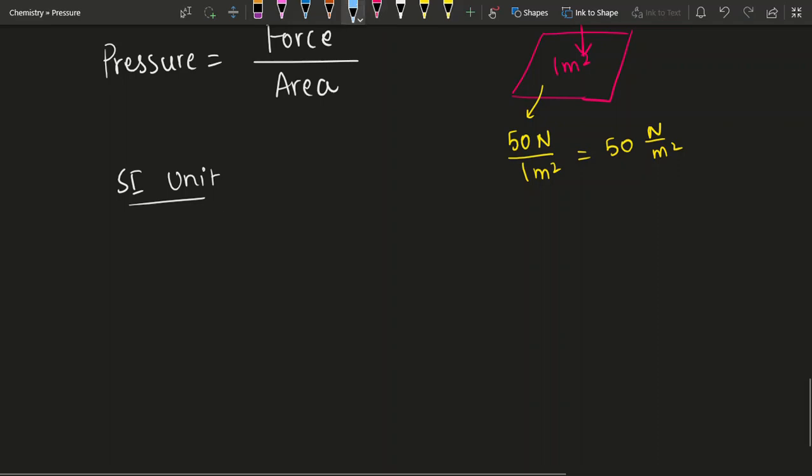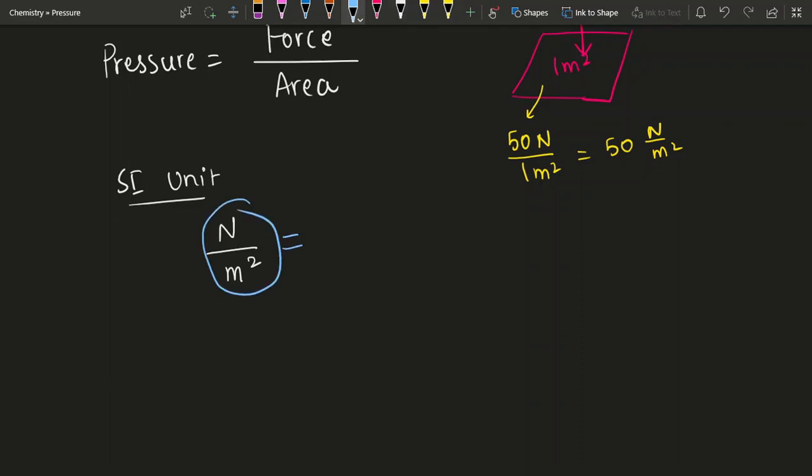Let's take the example of pressure itself. To get the SI unit of pressure, you use the SI unit of force as well as area. The SI unit of force is newtons, and the SI unit of area is meters squared. So newtons per meter squared is the SI unit for pressure.